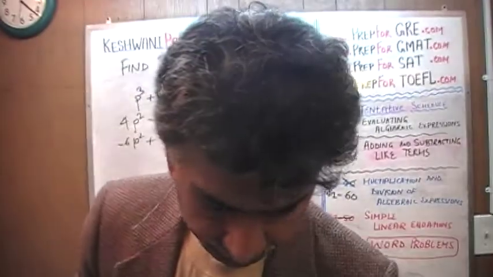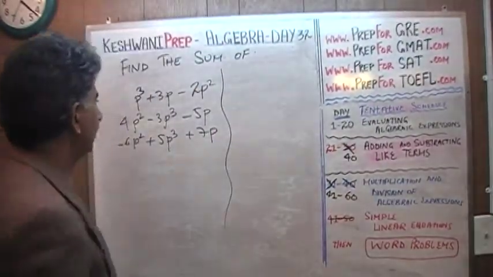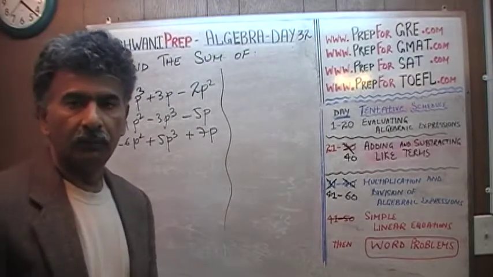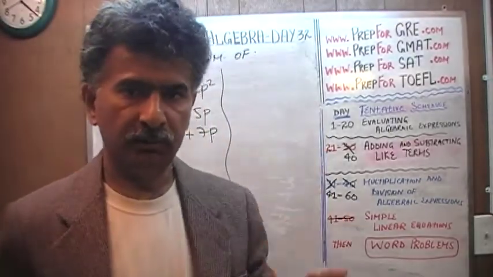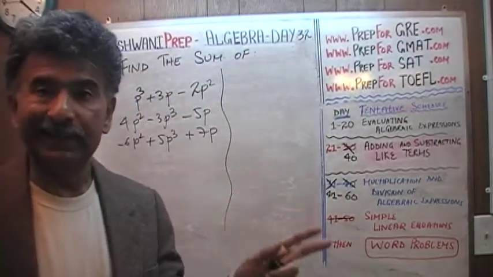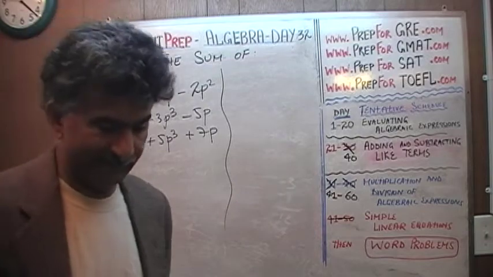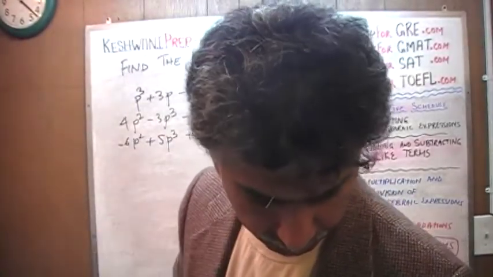Find the sum of these three expressions. Again, they cannot be added the way they are written. In order for us to line up the like terms properly, we have to line up all the p cubed together, then the p squared, and then the p, in the descending order of the power. Not the ascending order. Descending order means going down.